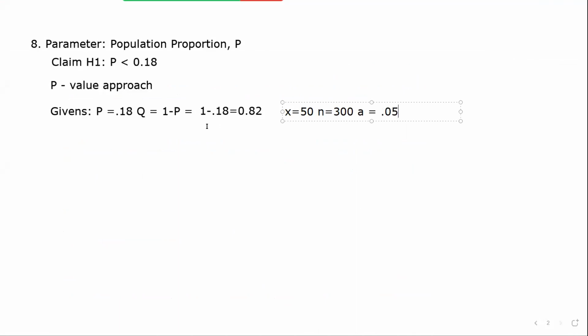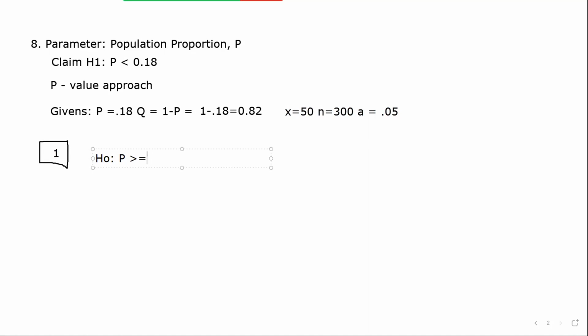Not too strange. Okay. Step 1. We're going to write our null and our alternative hypotheses. Remember, step 1 is the same regardless of which approach we use. So H0: P. Now, if our claim is less than, then our null is going to be greater than or equal to, because our null always contains equal.